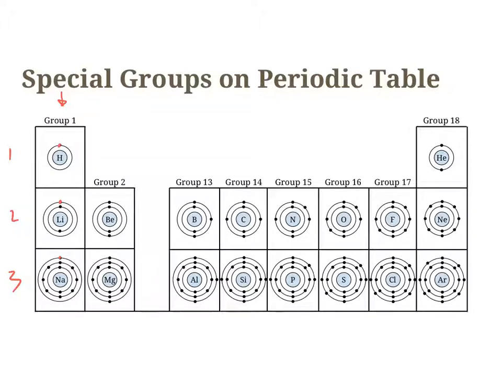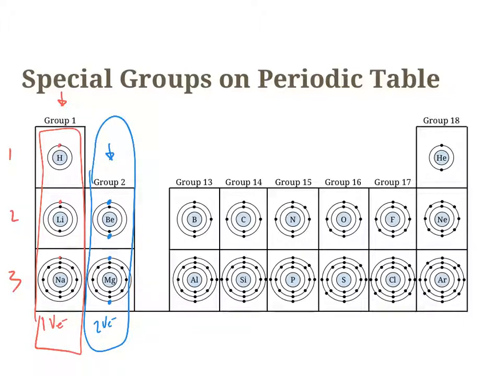So on your periodic table, on the back of your packet, I would like you to write 1 valence electron above or below group 1, because everything in this column all the way down is going to have 1 valence electron. And every single element in group 2 is going to have 2 valence electrons as well.